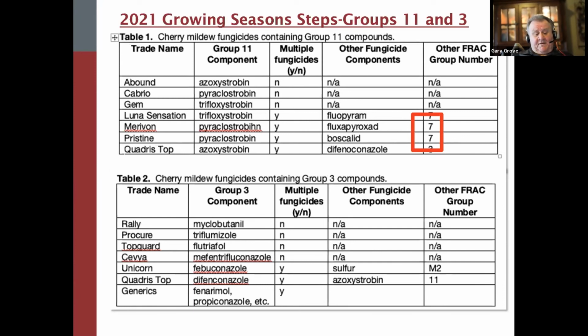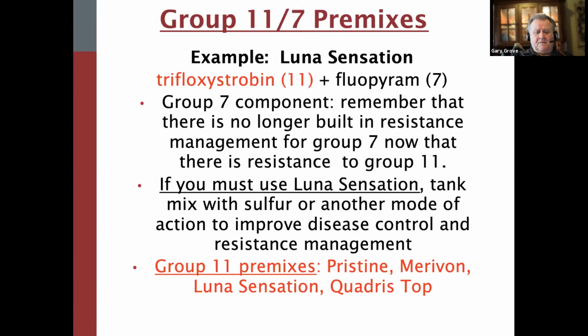So this is something that, if you're interested, you should look more closely into with the manufacturer. And again, I don't want to beat this to death, but the important thing about the group 11 premixes is that if you lose one to resistance, in this case group 11s, it puts more resistance pressure on the remaining compound in the premix.